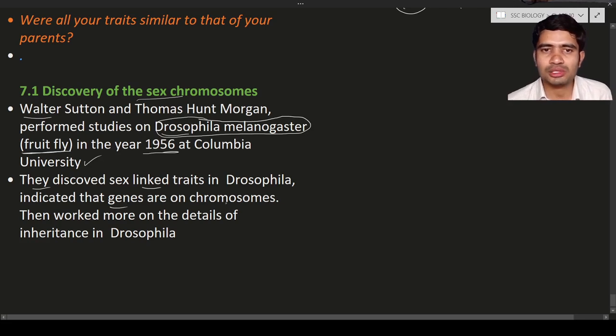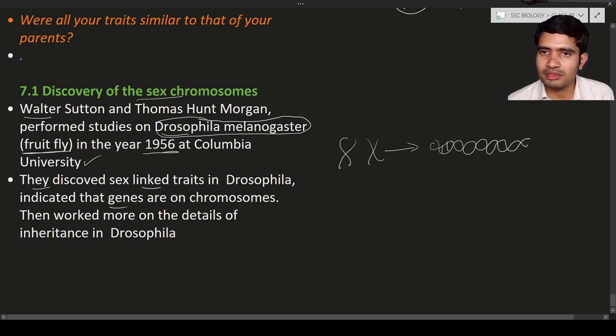In the last class we also discussed the genes. So what is meant by gene? This is the chromosome, an X-shaped chromosome. What is chromosome? The chromosome is nothing but the DNA. What does the DNA contain?